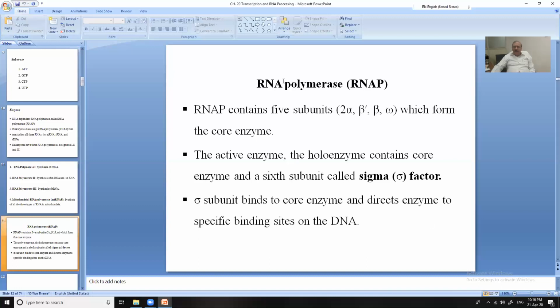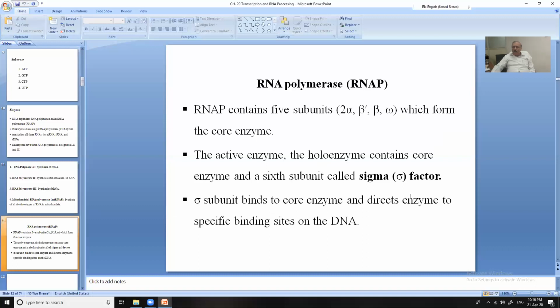So RNA polymerase contains 5 subunits: 2 alpha, 1 beta, 1 beta prime and 1 omega. In addition to these 5, we have a short-lived subunit also, that is sigma factor.